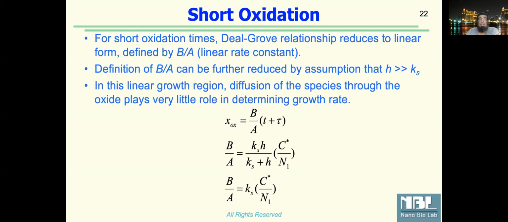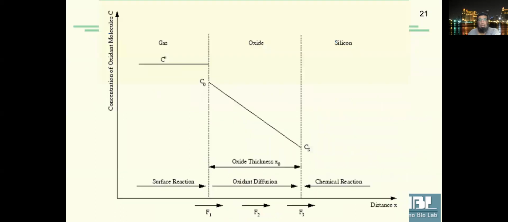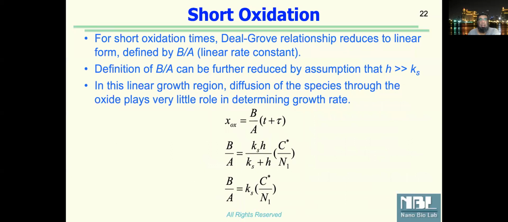Now, if you define B over A from this relationship, we can reduce it much further. And what we get is, because we will use H much greater than Ks, we get a linear growth regime. So short oxidation would have a linear growth of silicon dioxide thickness.